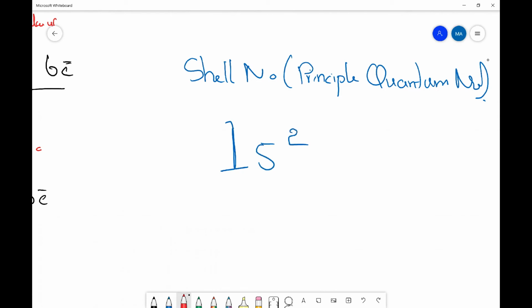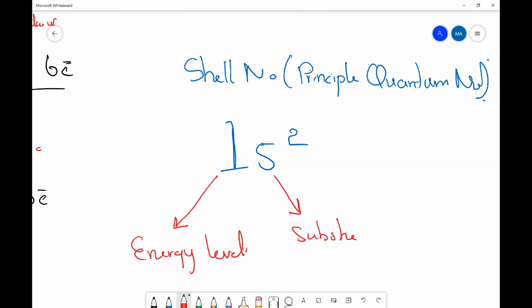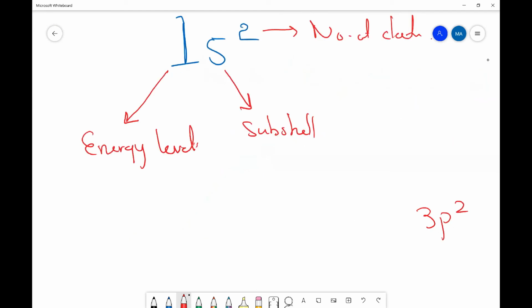In 1s2, the first number, the coefficient 1, basically tells you the energy level or the shell level. s is the subshell, and 2 is the number of electrons. For example, if I write, let's say, 3p2. So in 3p2, 3 is the energy level, p is the subshell, and 2 is the number of electrons. I hope this is clear.